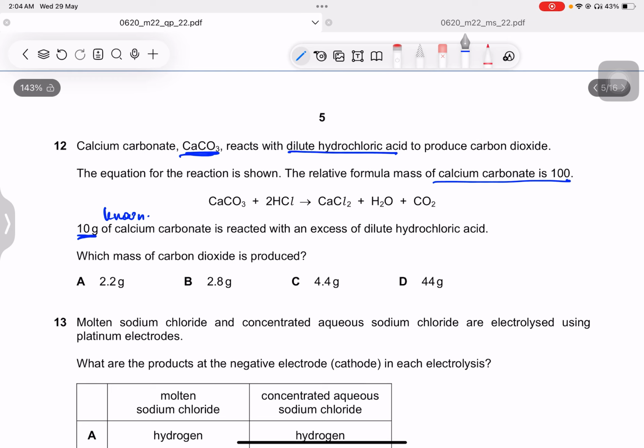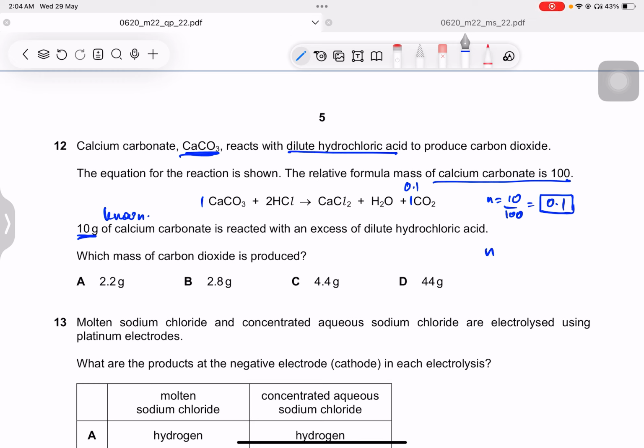So if we calculate the moles of calcium carbonate, it will be gram over Mr. The gram is 10 gram. 10 over 100 will be 0.1. So the mole ratio is 1 is to 1. So carbon dioxide will also have 0.1 moles being formed, and we want the mass.